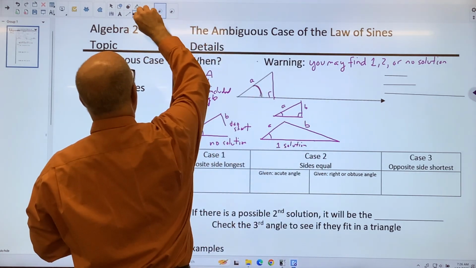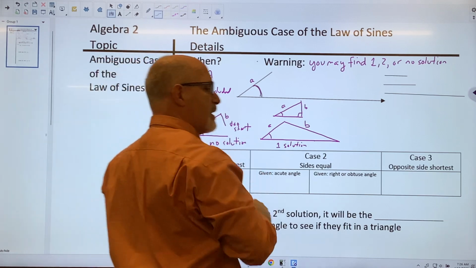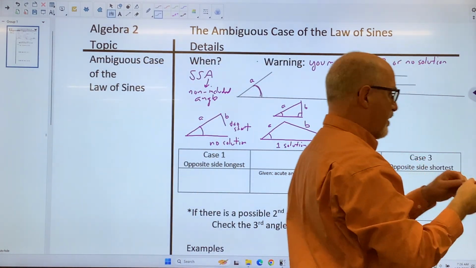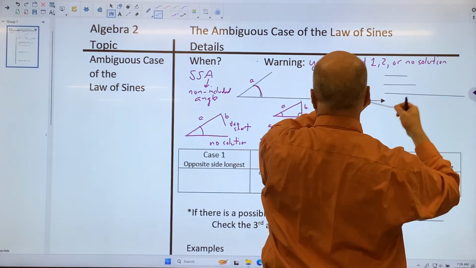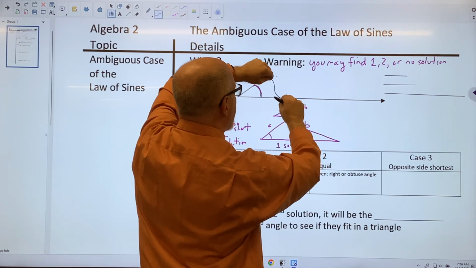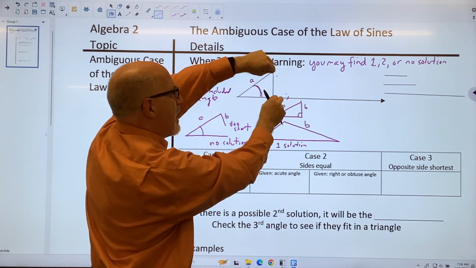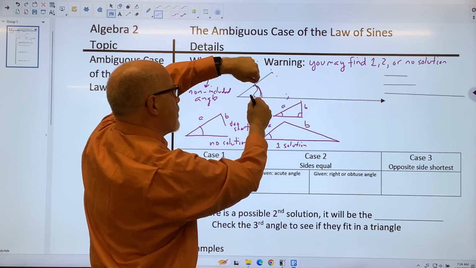Now let's look at what happens if we get more than one. There is a possibility that if we take this length here, and we swing this side here, it hits once right there, and then it also swings by and hits over here as well.